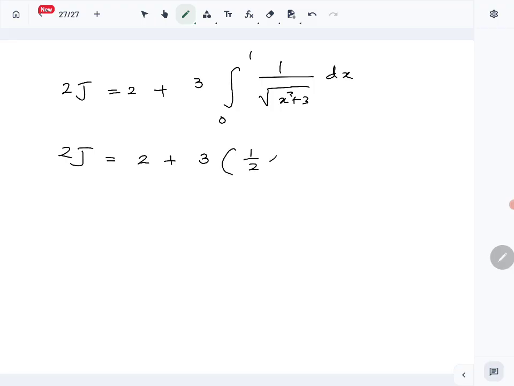Half ln 3. Right, now we want to find j. So just divide everything by 2. So j equals 1 plus 3 over 4 ln 3. So that is what we were supposed to show. Right. So that is part B of question number 15. Right. Next we will look at part C.